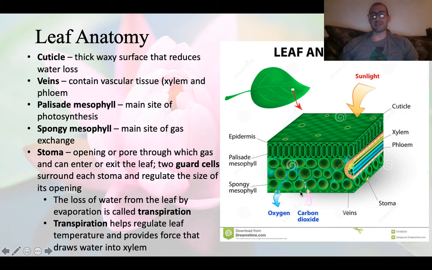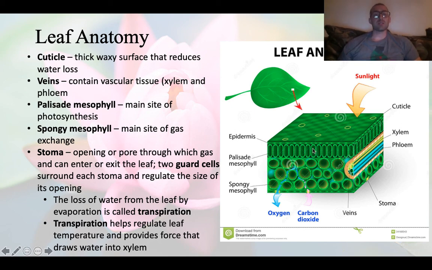Right? So gases, carbon dioxide and oxygen come in to the leaf, and we'll talk about how they get in there in a second. And this gas exchange, and oxygen leaves the leaf, occurs in this spongy mesophyll primarily. We also have veins, leaf veins, and these are made up of vascular tissue, that's xylem and phloem tissue, and those leaf veins run throughout the leaf.